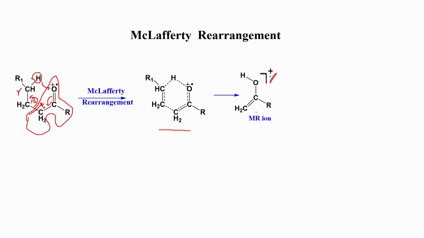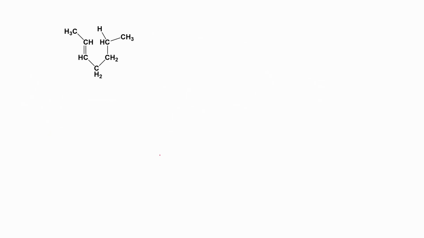Usually the McLafferty rearrangement ion is a radical cation, and through this reaction a neutral molecule, usually an alkene, is also produced. You can see this is the alkene formed here. Then we can take each of the examples.